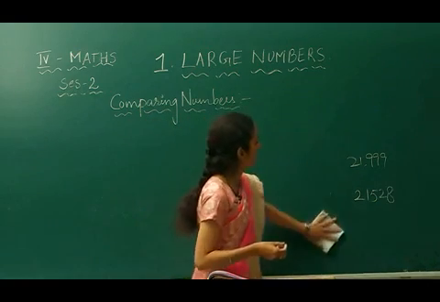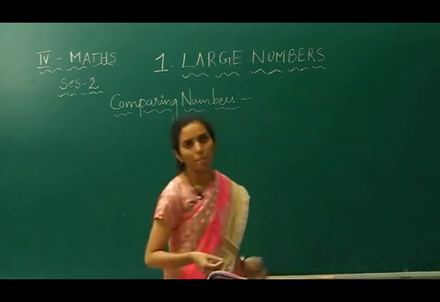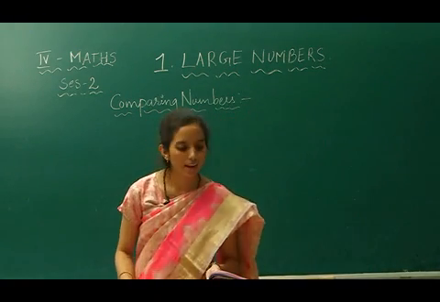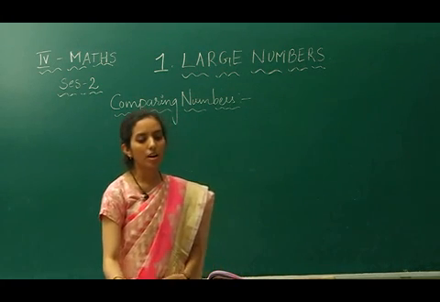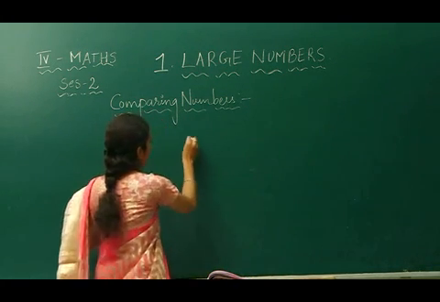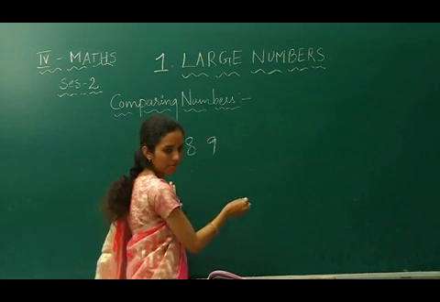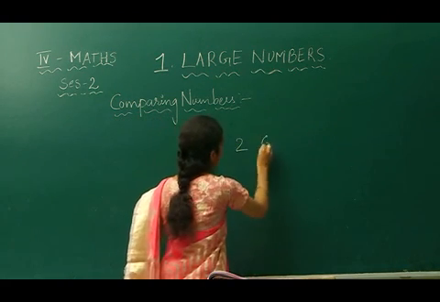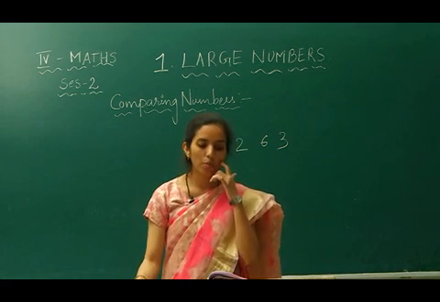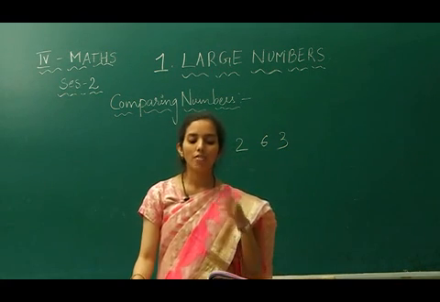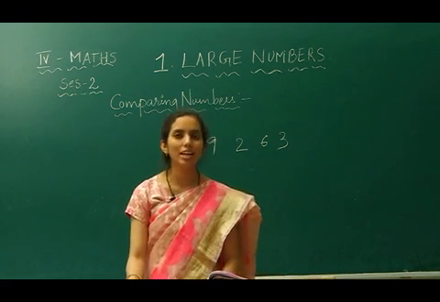So, for understanding, let us see an example. What is the example given in our textbook? 8, 9, 2, 6, 3. These are the digits given. To build the greatest number, we arrange the digits in descending order.